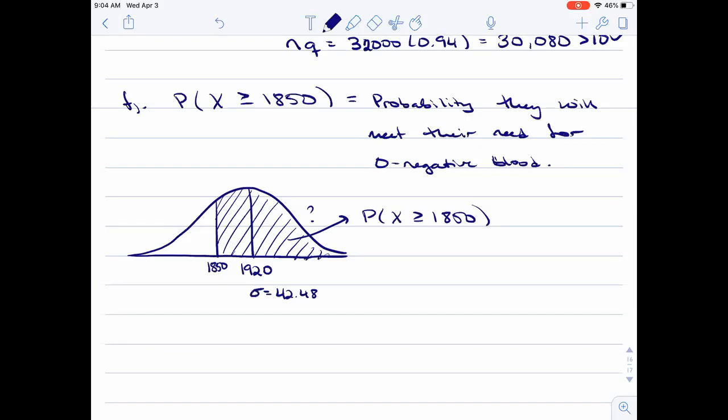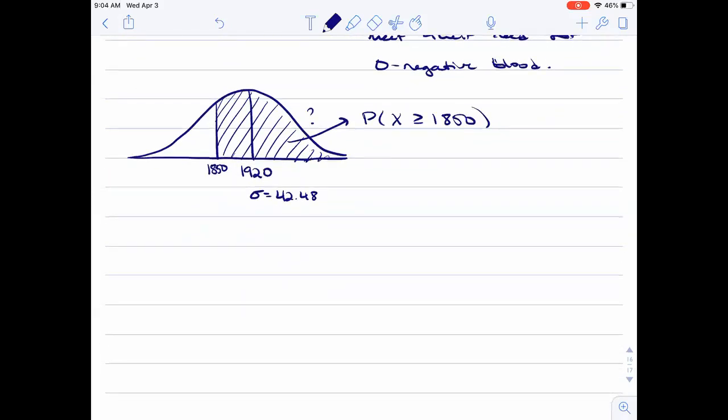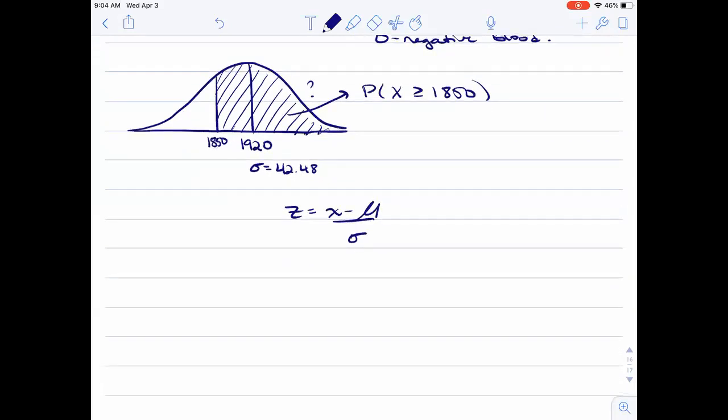We don't have any sample sizes or anything to deal with, right? So to find this probability, we can use the Z table as long as we calculate Z as X minus mu over sigma. X in this case is the 1850. That's the point that we're interested in. Already looking at this graph, it's looking pretty good, right? That they're going to meet their need, more than 50% at least.